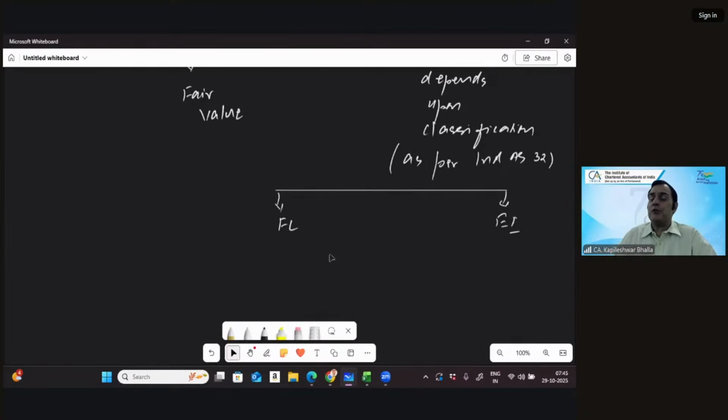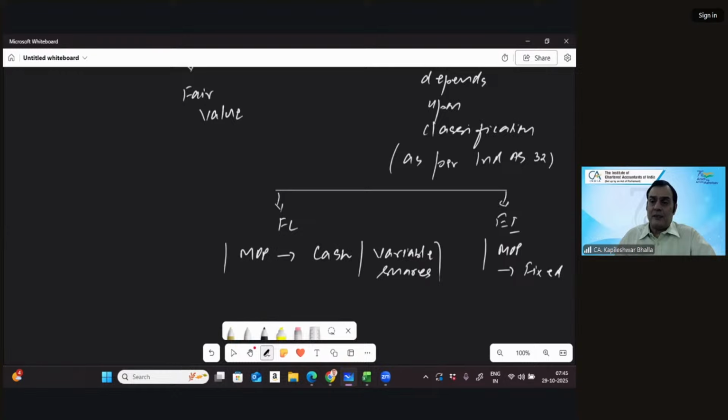In which cases will it be a financial liability? If the mode of payment is cash, or if the mode of payment is a variable number of shares, in those cases it becomes a financial liability. And if the mode of payment is a fixed number of shares, then it becomes an equity instrument.